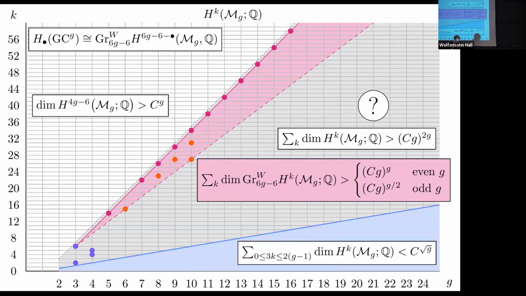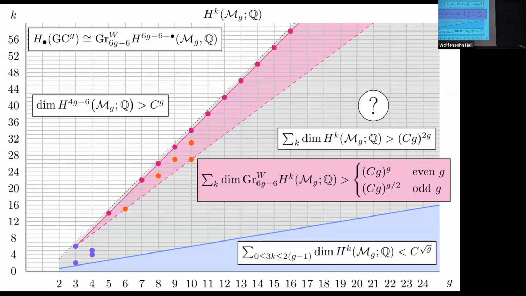But if you know that this weight filtration gives you a direct sum decomposition of the total cohomology, then if you know something about the top weight cohomology, for instance its Euler characteristic, you also know everything about the non-top weight cohomology.